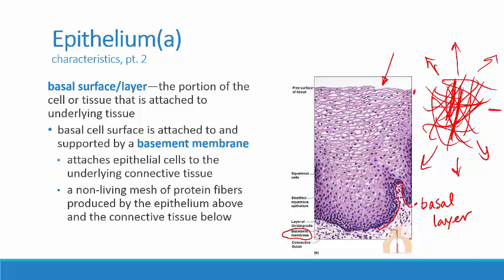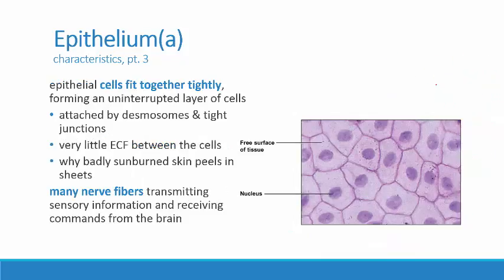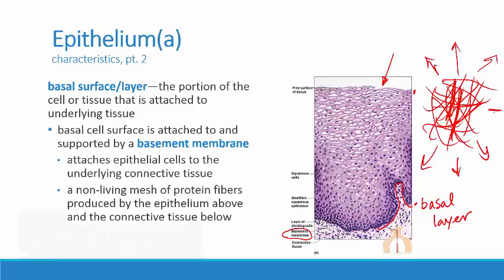These fibers are supporting as left to right. So if we pull these directions, then we have these fibers here that are supporting that without allowing the epithelial cells to rip apart from each other. So the epithelial basal layer is attached to this basement membrane.